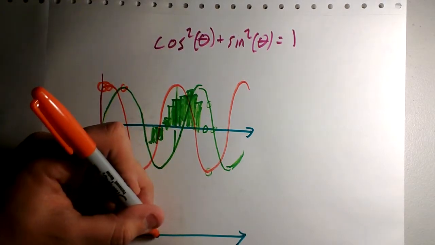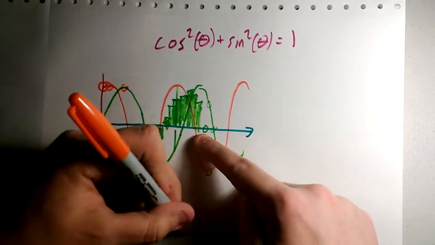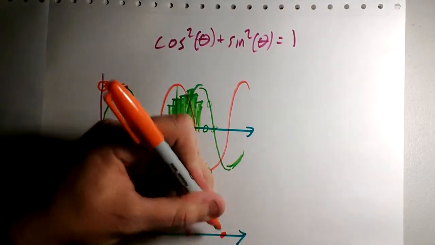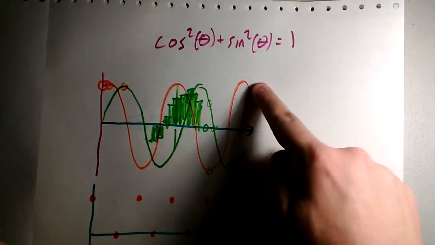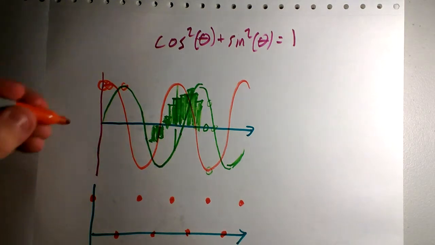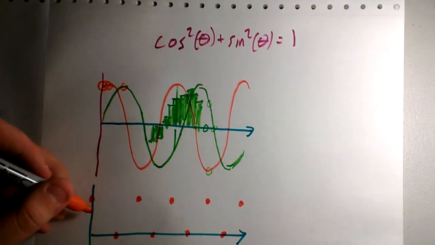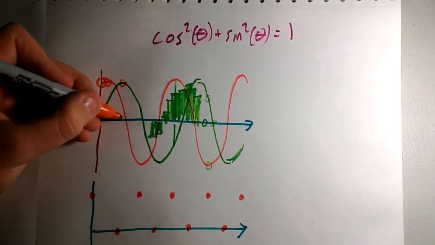Then 0. We're talking about orange here. Then that's positive 1 again. 0, positive 1, because negative 1 times negative 1 is positive 1. Then this would be 0, positive 1. And I'll tell you right now, if you square a number less than 1, it's going to get smaller, no matter what it is. So a number very close to 1 is just going to become closer to 1.